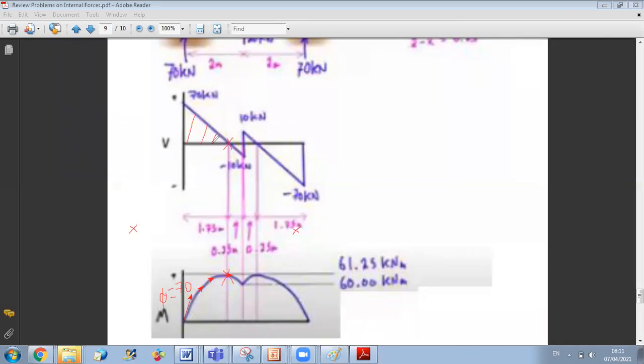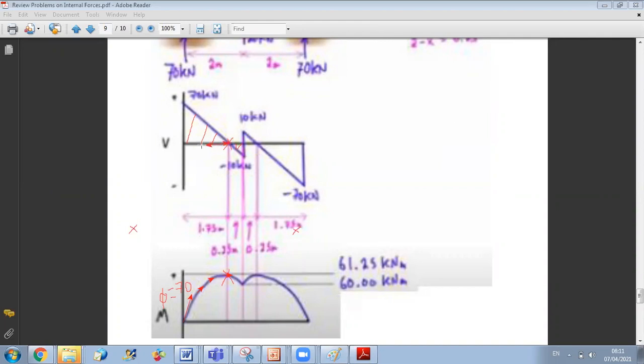Now, to calculate this area, we should find the intersection point with this axis. We can do it by simple geometry, because here, as you can see, you have these two opposed triangles. You can use Thales' theorem or similar triangles, so it's the same. So you can do that.